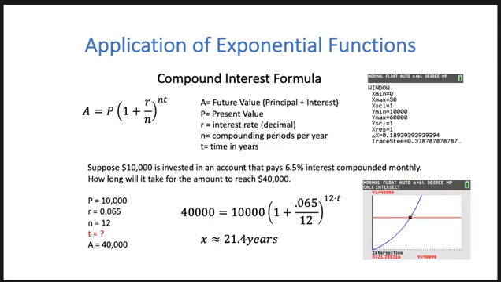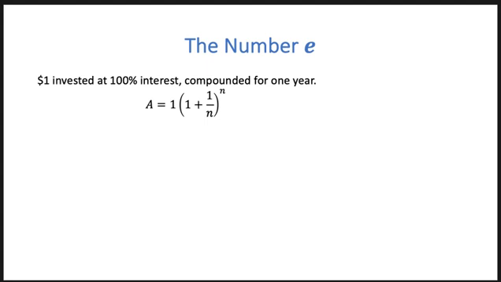Now, this compound interest formula helps us to understand the irrational number e. E is sometimes called the natural number. So I want you to consider this scenario. Suppose you have $1 and you invest it at 100% interest, which is compounded for 1 year. So our formula looks like this.